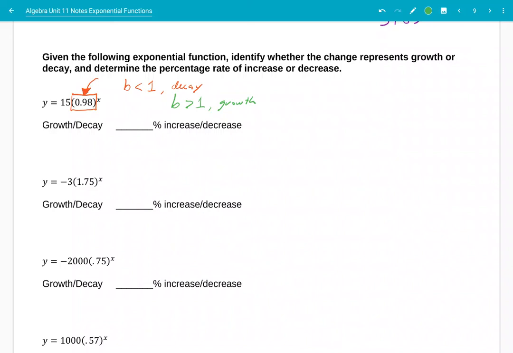So this is less than 1. So it's a decay. And the way we figure that out is we find the difference between 1 and that. So 1.00 minus 0.98, that's 0.02. And remember this becomes percent, 2%. You move that decimal over 2 places. So this is a 2% decrease.